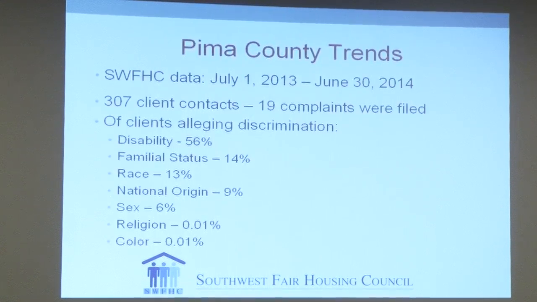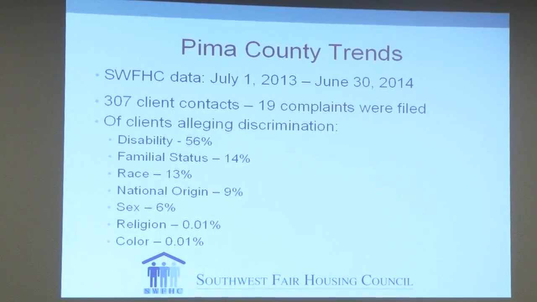Pima County. So this is data from the Southwest Fair Housing Council for a year, July 1st, 2013 to June 30th, 2014. Out of 307 client contacts that we had, 19 complaints were filed based on those contacts. And out of the contacts where discrimination was alleged, you can see that the percentages pretty closely match the region, which I think is interesting.